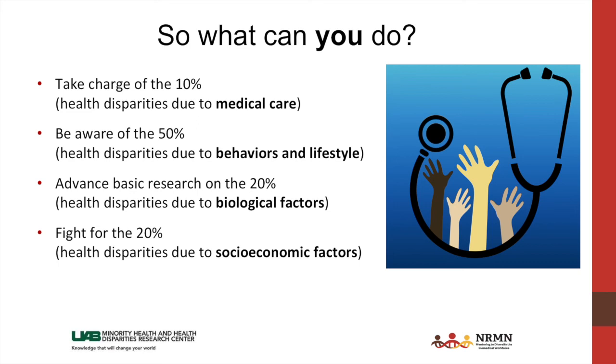We can advance our basic research to understand the 20% due to biological factors and family history. And we need to fight the 20% which I think is the most difficult, that is due to socioeconomic factors. Yes. Thank you.